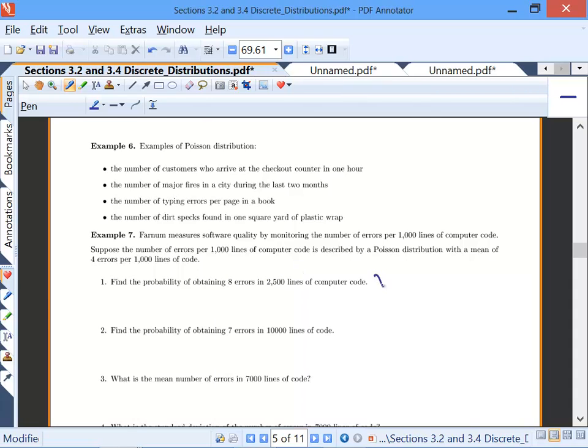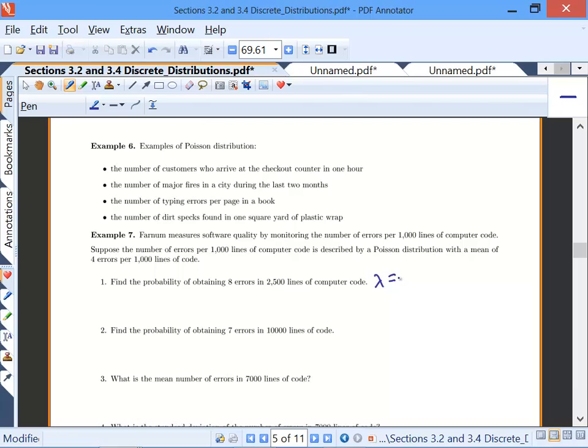The first thing you need to find is lambda. What do you think your lambda is going to be? How many would you expect in 2,500 lines of code? 10.